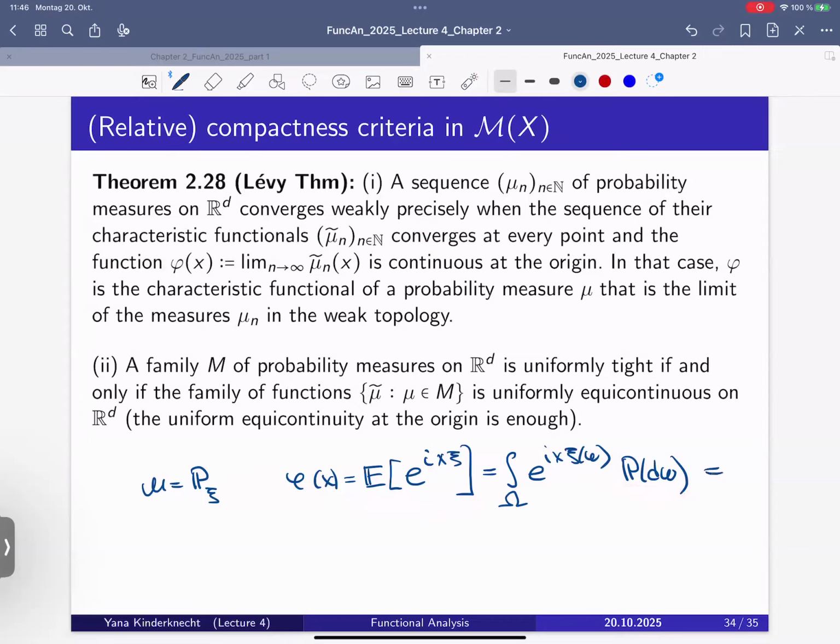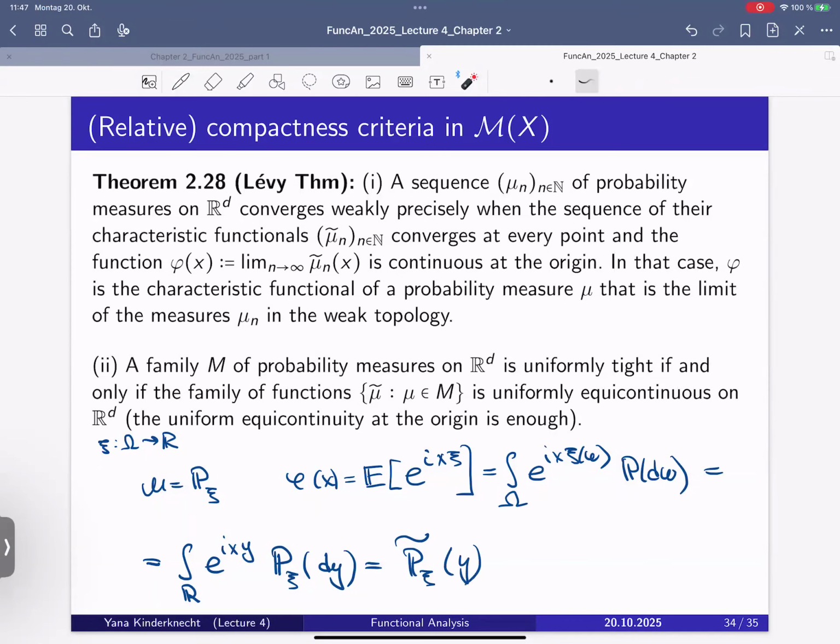Now we may use the change of variables formula. Let me assume that psi is a real valued random variable. It will be the integral over R of e^{ixy} times the distribution of psi, dy. But this is just the Fourier transform of the measure P_psi, mu tilde at the point x.